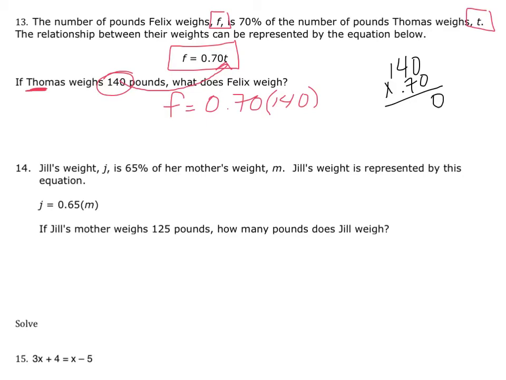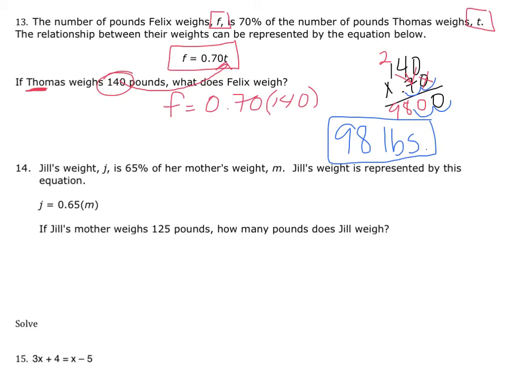So I know I'm going to have zeros all the way across on this one, so then I can cancel that out and just have my 0 placeholder. Then I do 7 times 0, 7 times 4, 7 times 1 plus 2. Okay, so now I have 2 decimals, so I'm going to go 2 decimals there, so I get 98. So my answer is 98 pounds. Remember, that is the abbreviation for pounds.